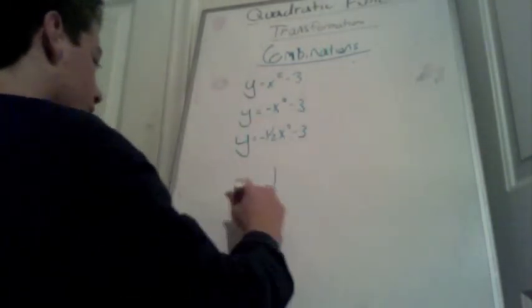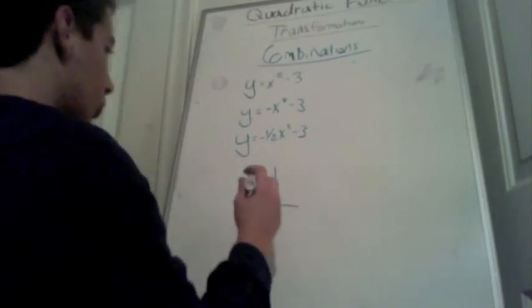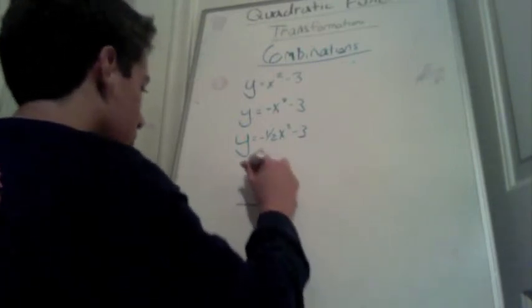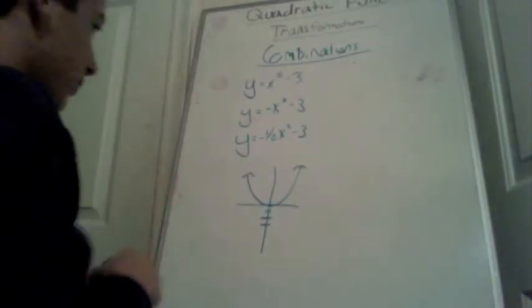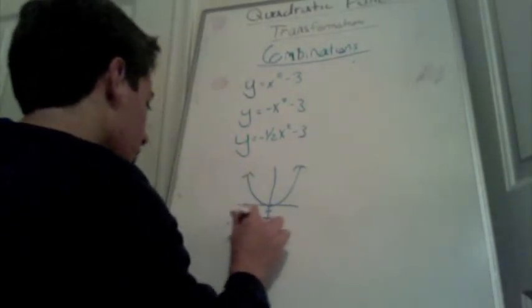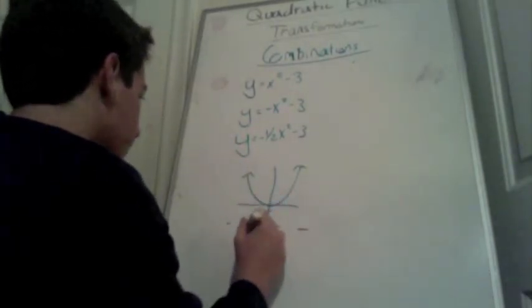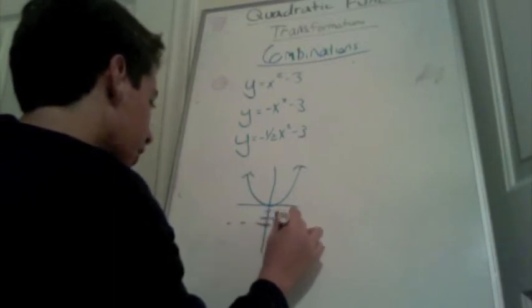So it'll look like this. 1, 2, 3. Here's our parent function. Flip it over that imaginary line, because that's where our vertex is: 0, negative 3.